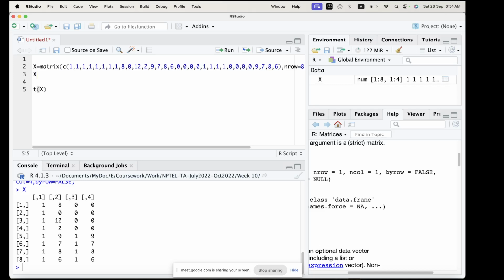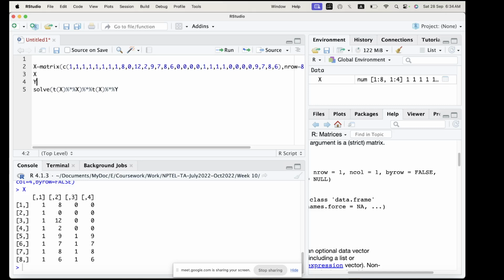Matrix multiplication will be percent star percent. So this part is x prime x. Now I want an inverse, so I should write solve of this thing. So this is x transpose x inverse, and then percent star percent t(x), again percent star percent y.